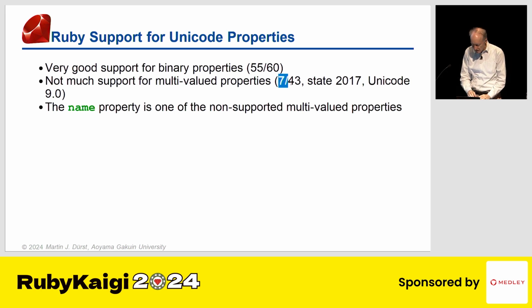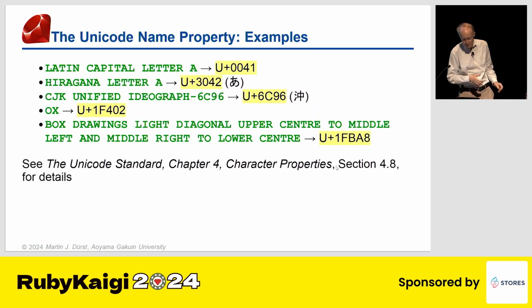Only, at that time, it was 7 out of 43. It's probably now still 7 out of a bit more, because Unicode likes to add properties. And the name property is one of the non-supported multi-valued properties.